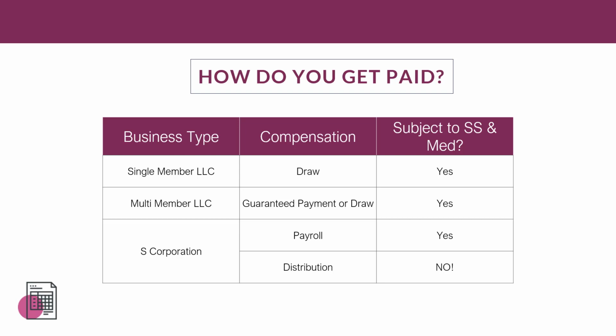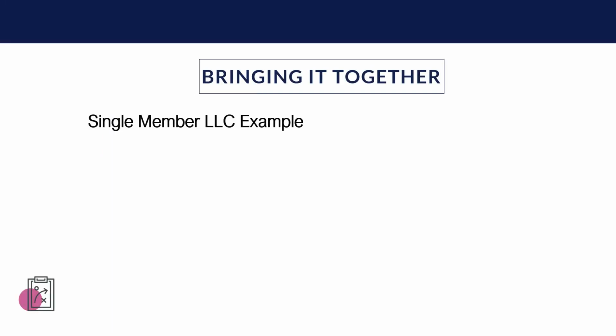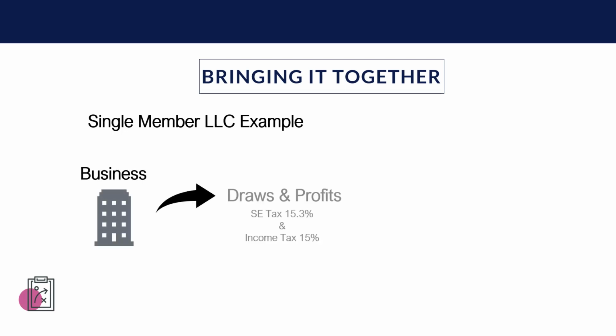Let's run some numbers and see this play out. We've got our single member LLC here, with the owner drawing all of the money out of the company as profits, a draw. As regular LLC owners, you are not allowed to be an employee. So if you are an owner of an LLC that has not made the S Corp election, you cannot take any payroll out of the company and are required to take all of your profits out as owner's distributions or draws.